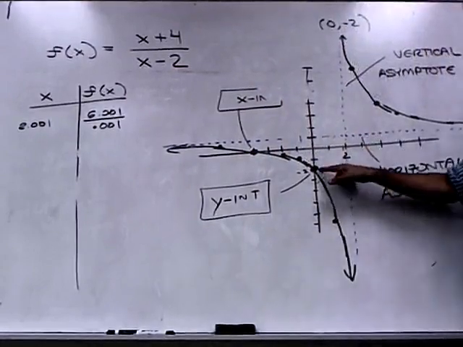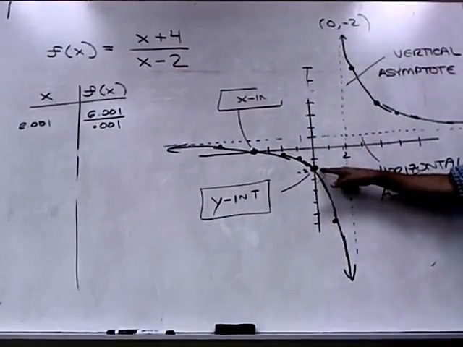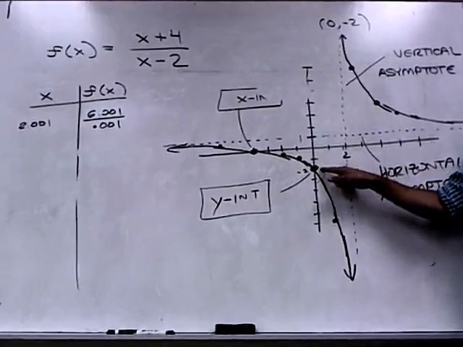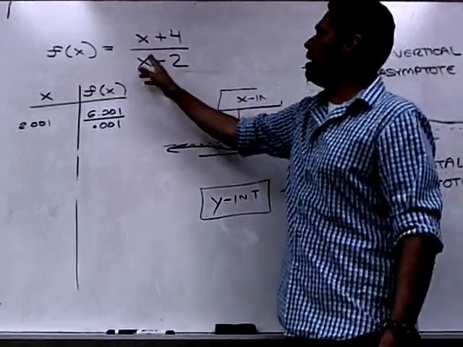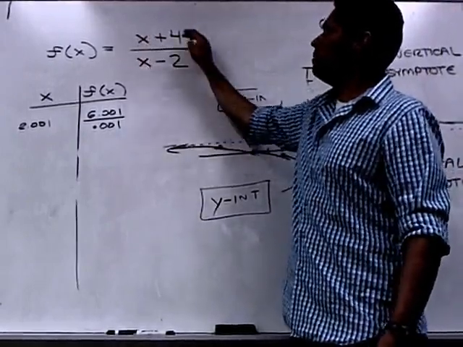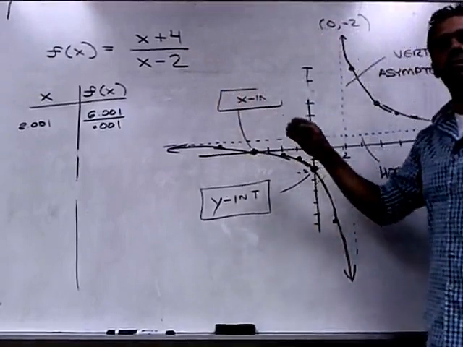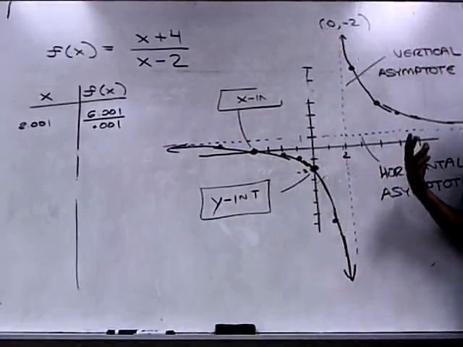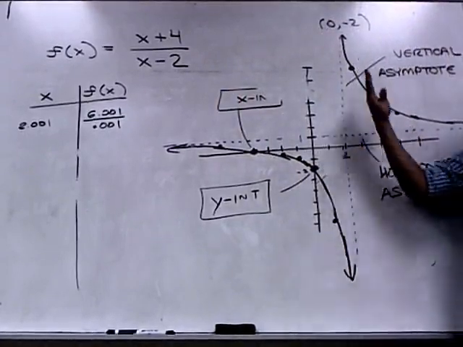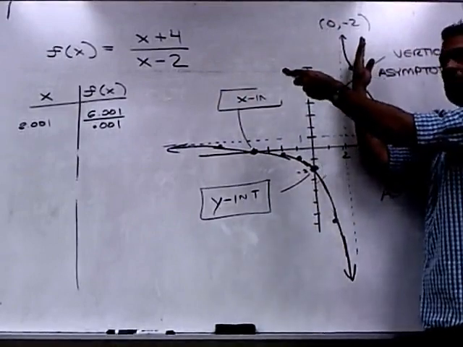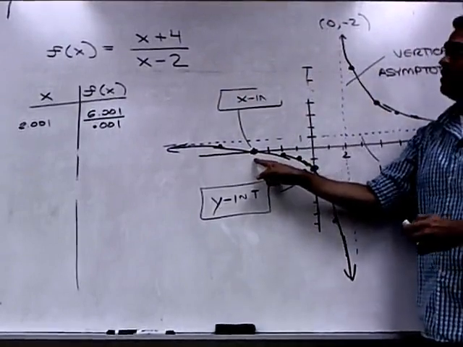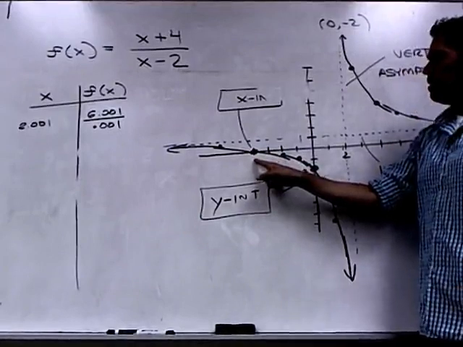What about the y-intercept? When does that happen? Well, how do we always get y-intercepts? Let x be 0. If x is 0, what do we get? 4 over -2, which is -2. So 3 things now. Vertical asymptote occurs when the bottom is 0. X-intercept occurs when top is 0.